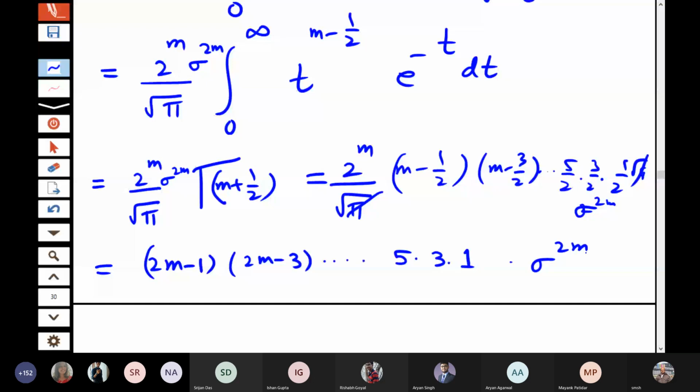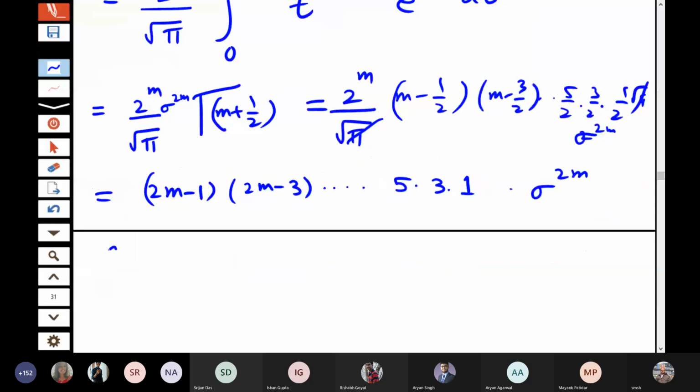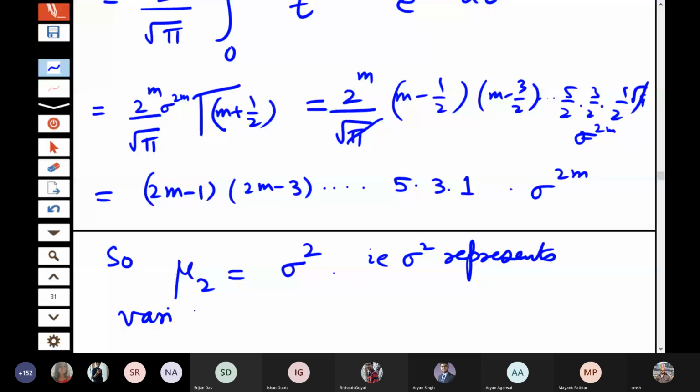Okay. So if I consider mu 2, that is simply sigma square. That is, sigma square represents the variance of the normal distribution.